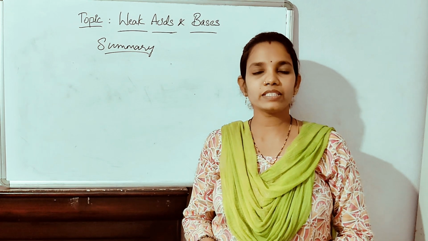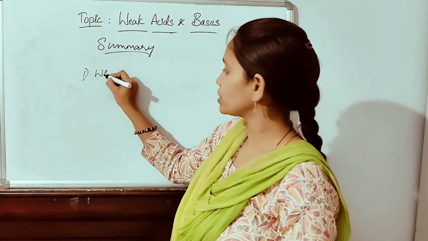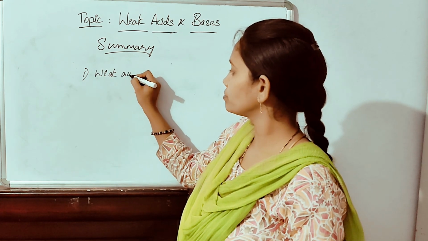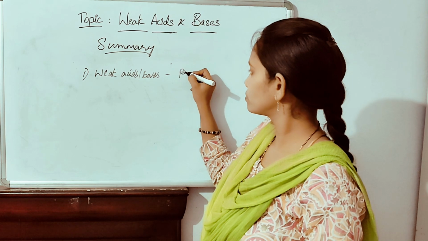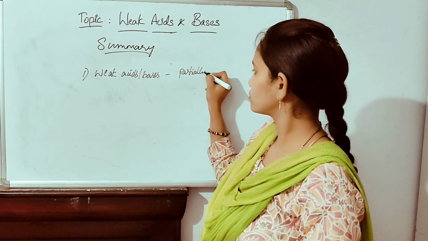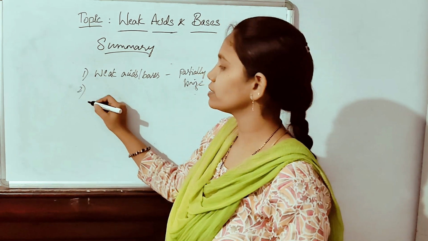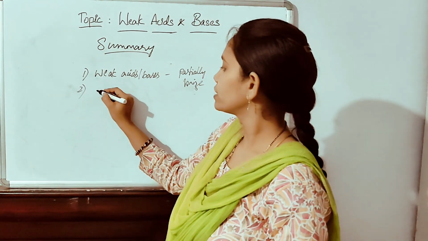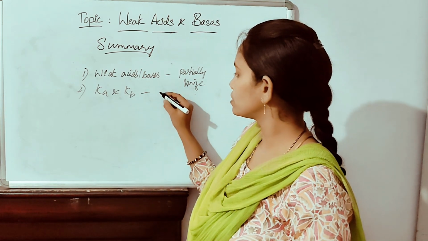Now let's quickly revise what we have learned. First, weak acids and bases partially ionize in water. Second, they are described by their constants Ka and Kb, which mean the strength.